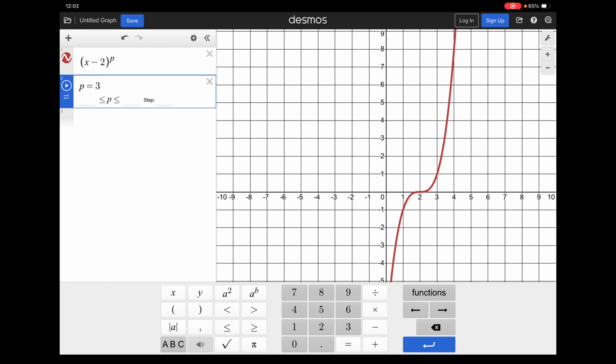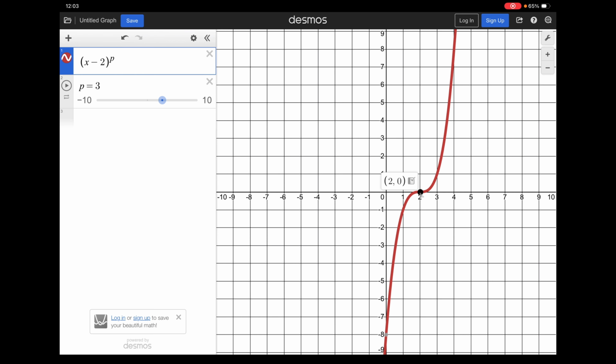If I change that power to 3, notice that obviously the graph changed because it's a different type of polynomial function and it curves, but it still intersects the x-axis at 2. On the left side of that point, the graph is below the x-axis. We get to the x-intercept, move beyond it, and move above it to the right.